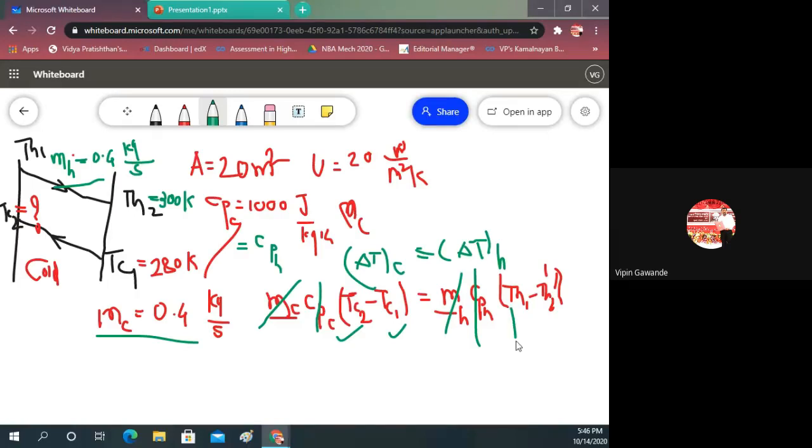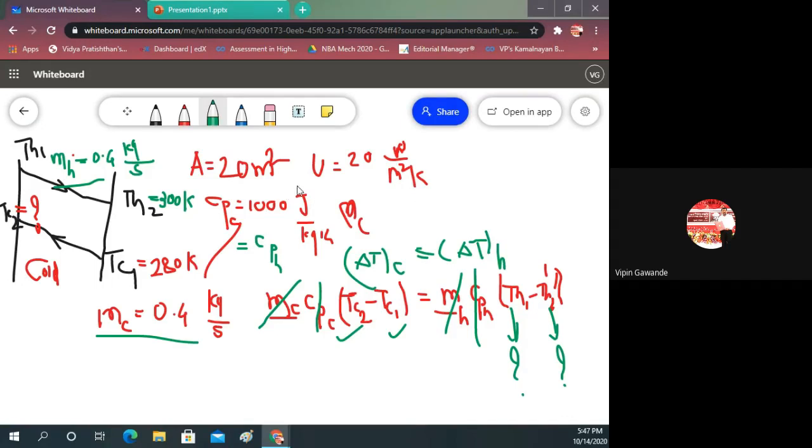Th1 is not known, and this temperature is also not known. That means we can't use the equation we have framed, because here we have two unknowns, so we can't use this formula.